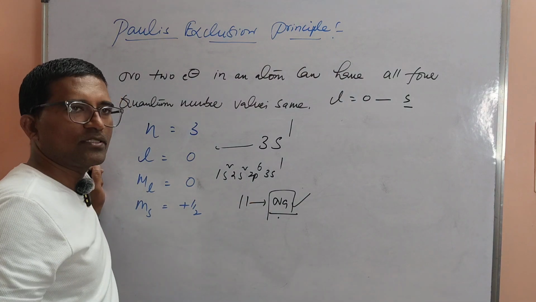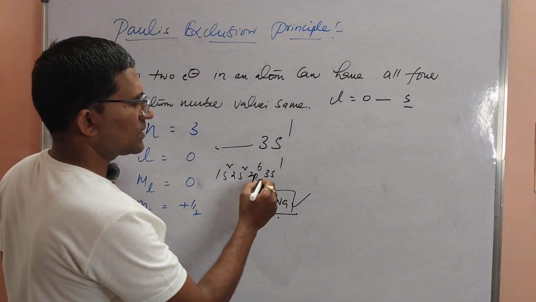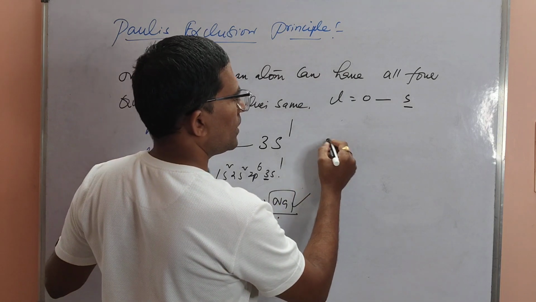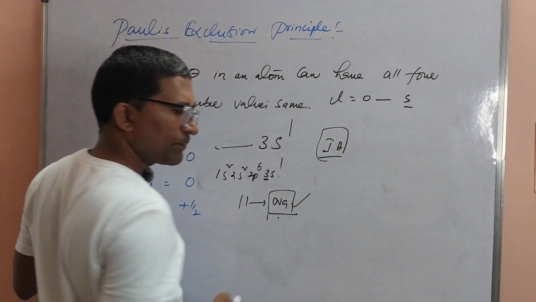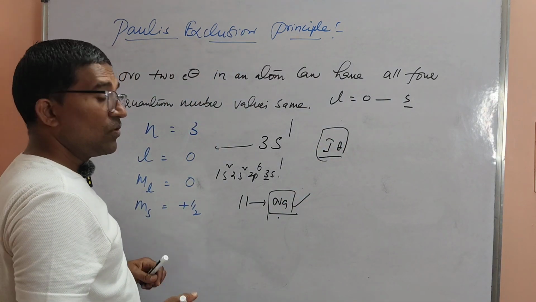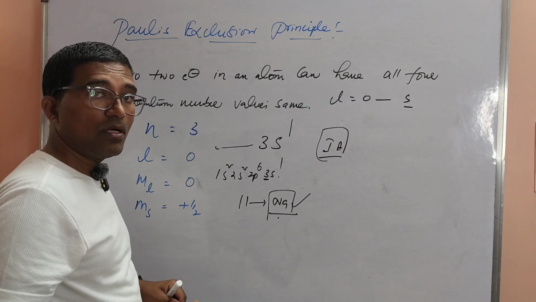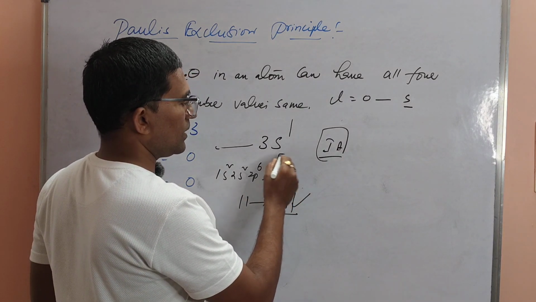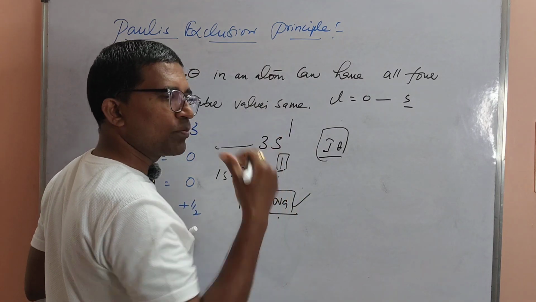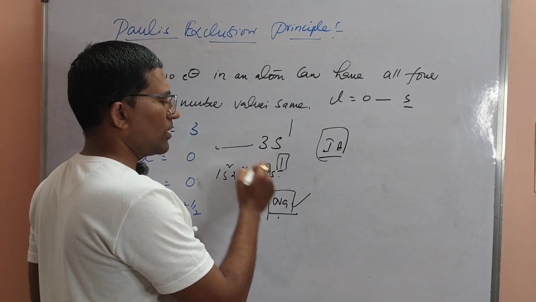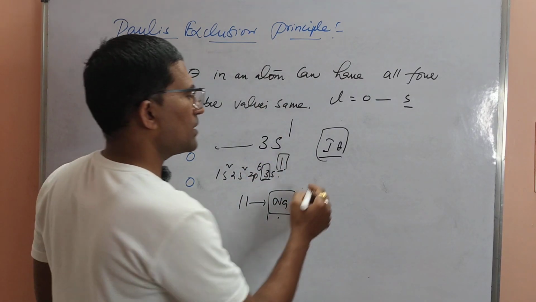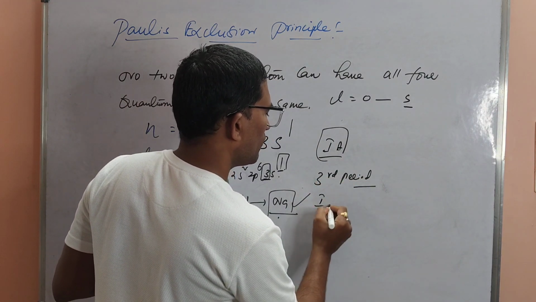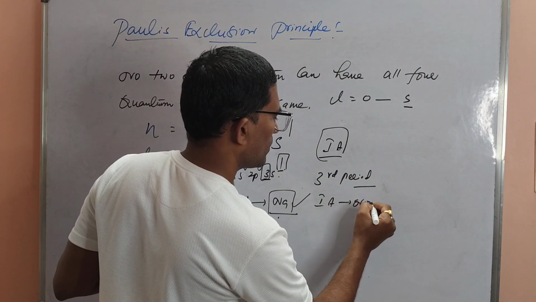Sir, can you please tell the group number? This is 3s1, sodium. It is a metal which comes under the first A group. Understood? The number of electrons tells about the group number, and this tells what period it belongs to, that is the third period, and first A group.